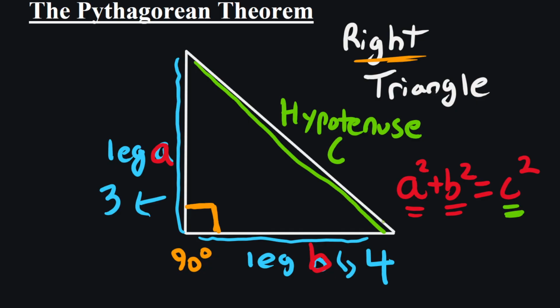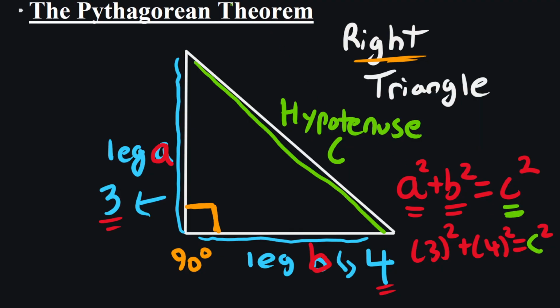So let's find out using the Pythagorean theorem. We know what our A is. Our A is 3, and our B is 4. So let's write it out. A squared plus B squared, so 3 squared plus 4 squared equals C squared. And C is what we're trying to find. Let's make that green just to make it clear.